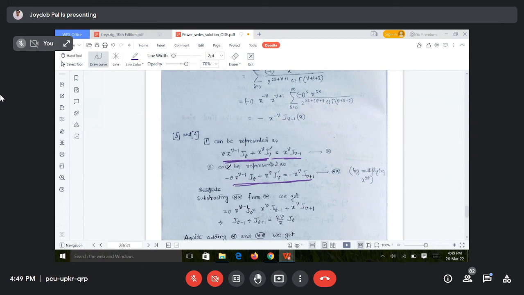Now what I did, I subtracted the first from the second, double star minus single star. So these two terms will be eliminated, and for the rest, you will get the ultimate relation.